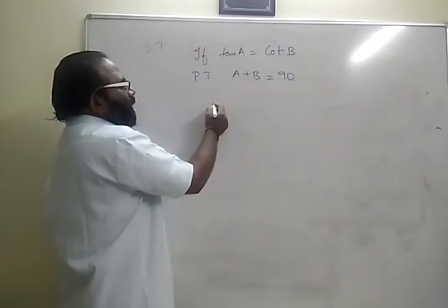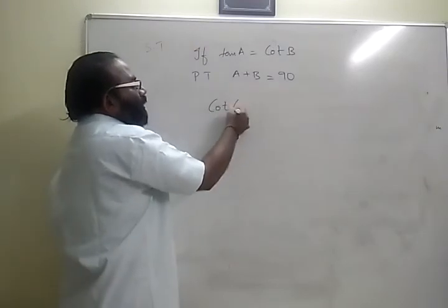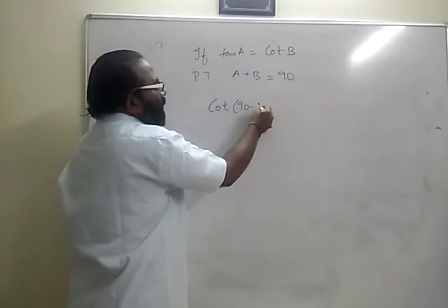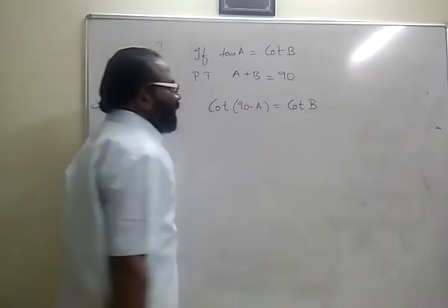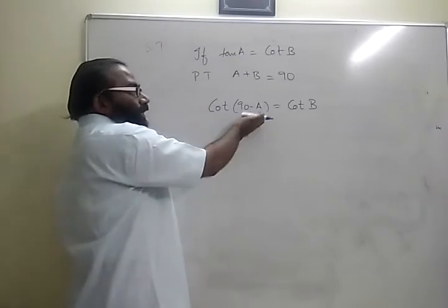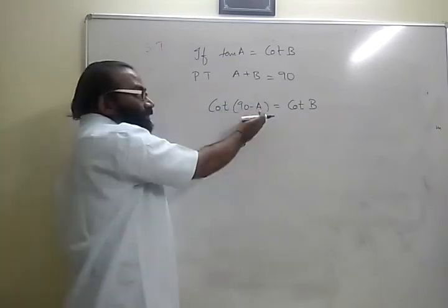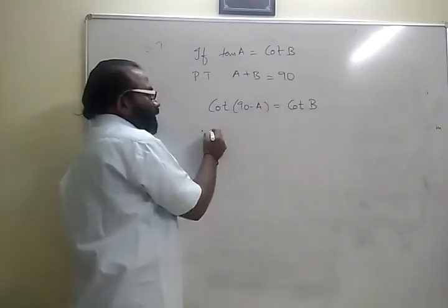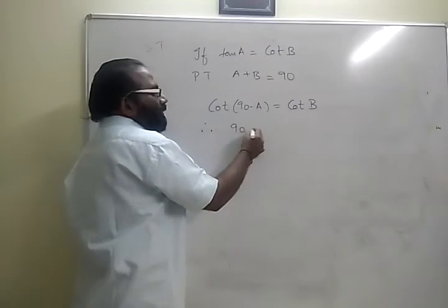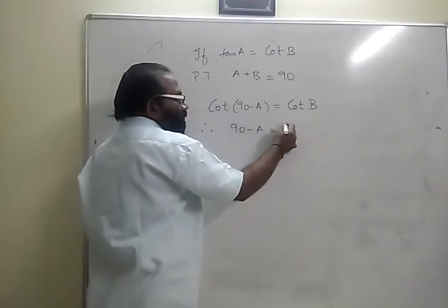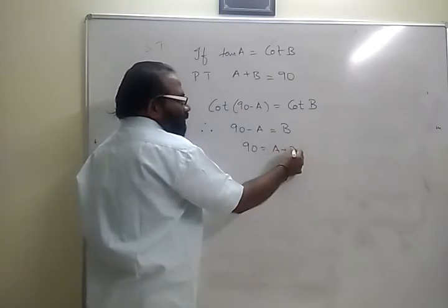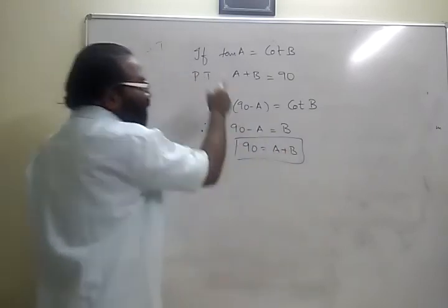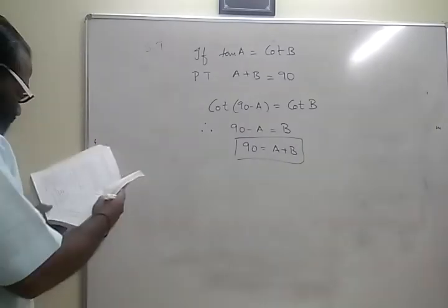So tan A, I can write that as cot 90 minus A equals cot B. Now cot of an angle equals cot of another angle, that means the angle should be equal. Therefore 90 minus A equals B, or 90 equals A plus B. That is what we wanted to prove.